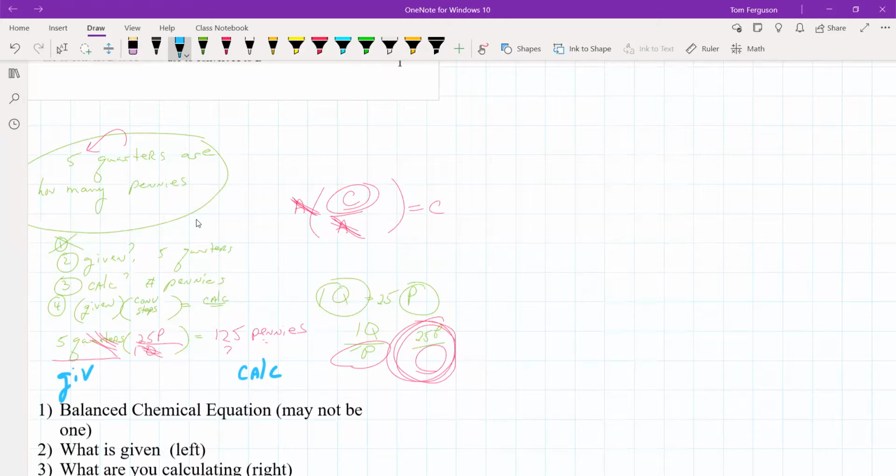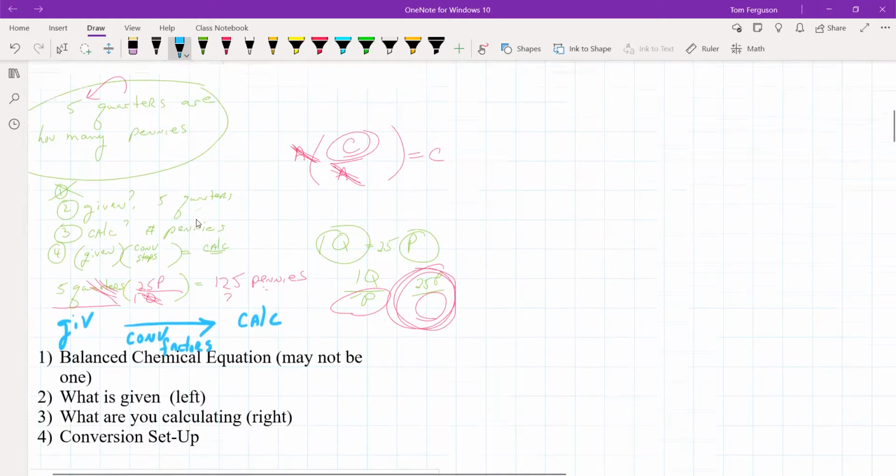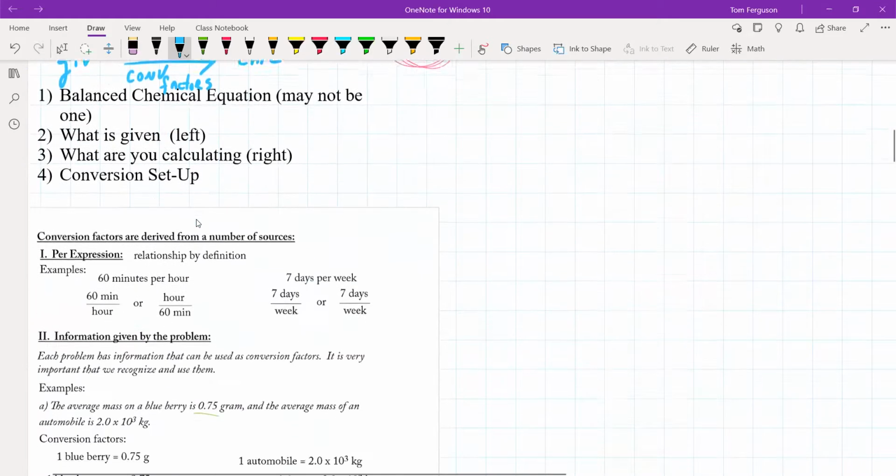Going from given to what we're trying to calculate is going to be the conversion factors, which I call the setup. Conversion factors are fractions, and the fractions are known equalities.